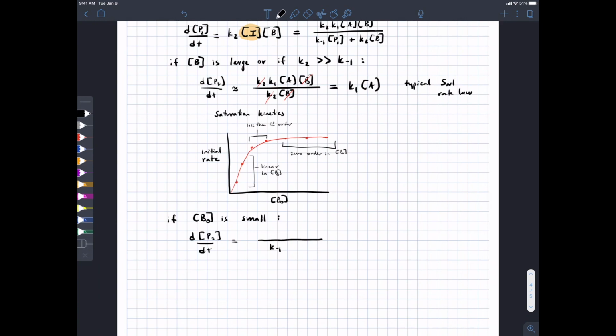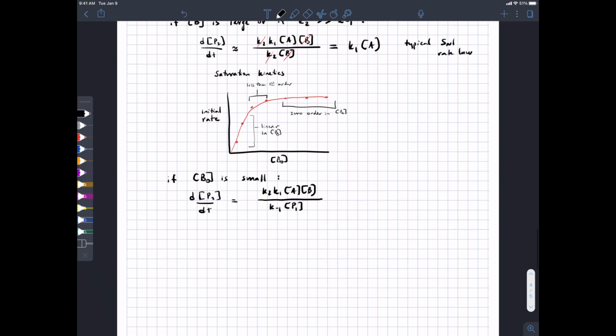You'd end up with K minus 1 times the concentration of P1 times K2, K1, A, B, and you'd expect this reaction to be linear in B, or first order in B. And that's what we see in this region of our plot of rate versus B. This is the first order region in B.